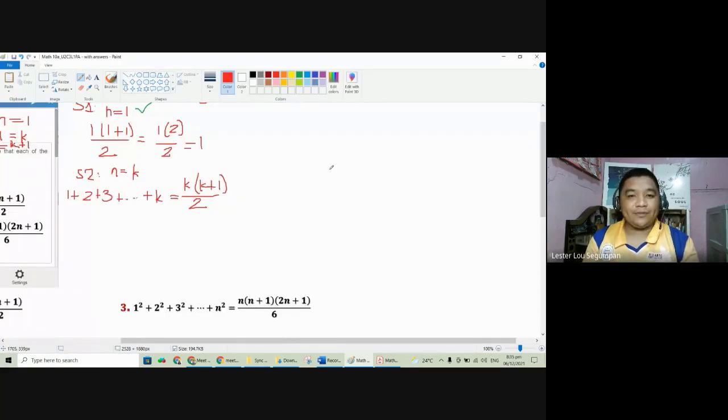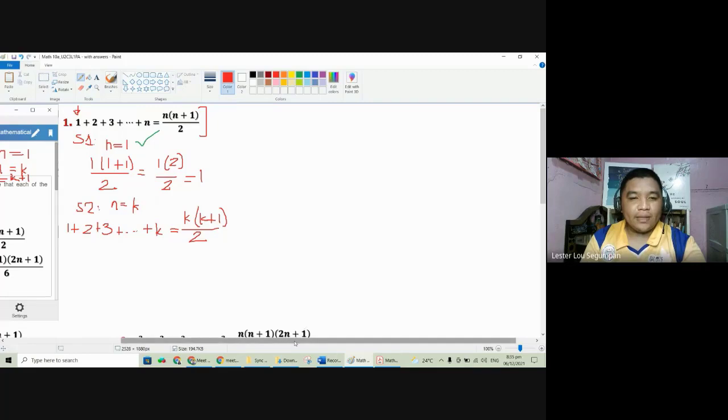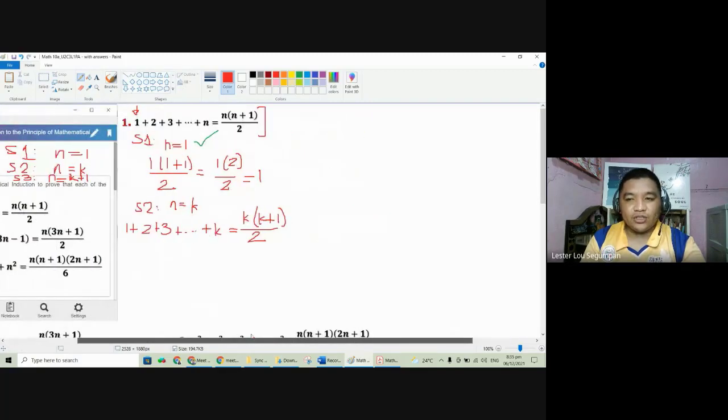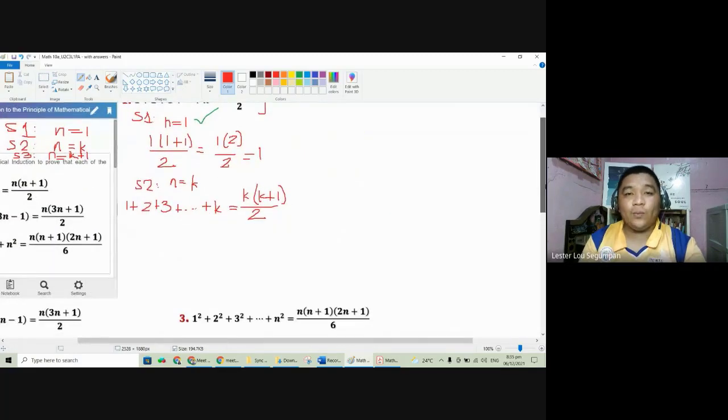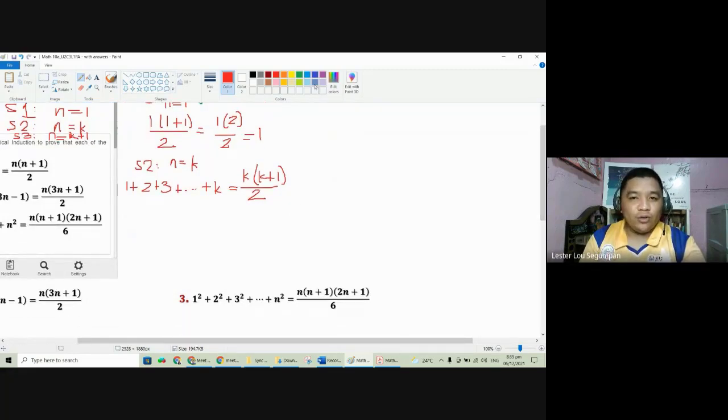After completing step 2, what is now our task? Before we could continue proving this identity using the principle of mathematical induction, we need to understand what we are trying to show. Okay, our goal is actually this one. I'm going to have it in color blue to be specified.